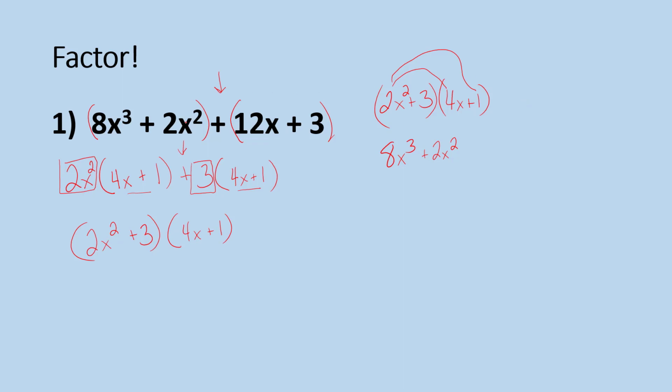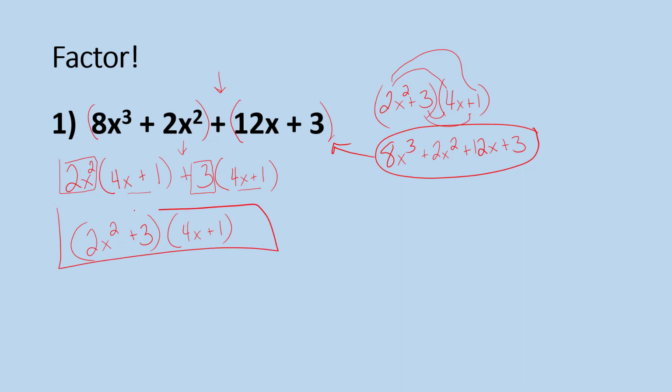Again, that's a good sign. That's something we want to see. 3 times 4 is 12x. 3 times 1 is 3. So when we FOIL, we end up with the same solution we started with, which means when we factored, we did everything correct. That is our final answer.